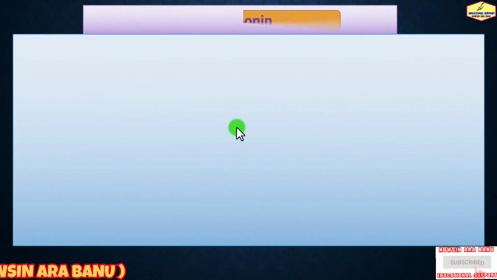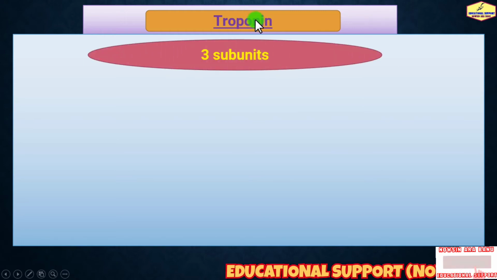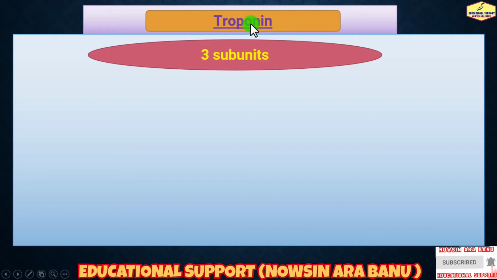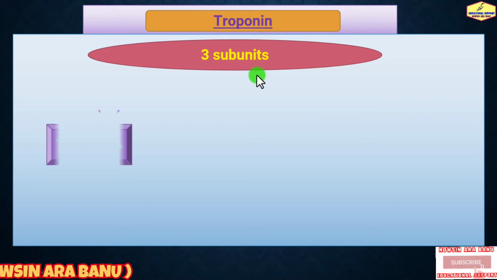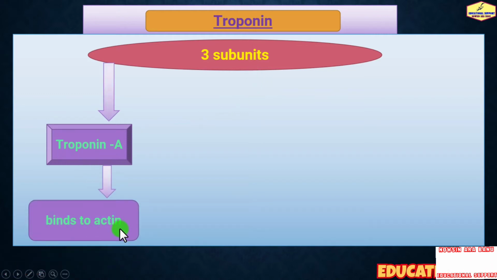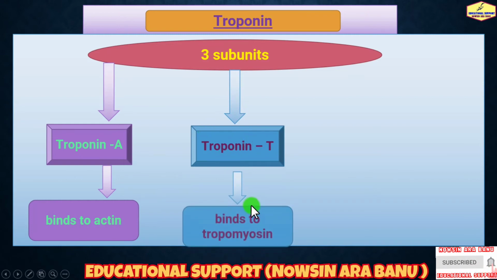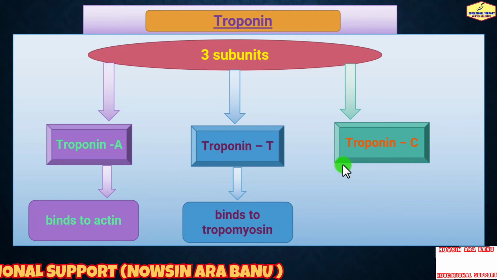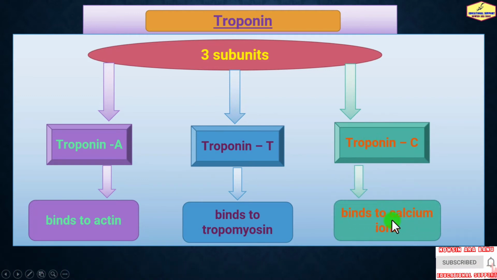Next is troponin. So troponin occurs at intervals on the actin filament. Troponin is composed of three subunits: troponin I, which binds to actin, troponin T, which binds to tropomyosin, and the last one is troponin C, which binds to calcium ions.